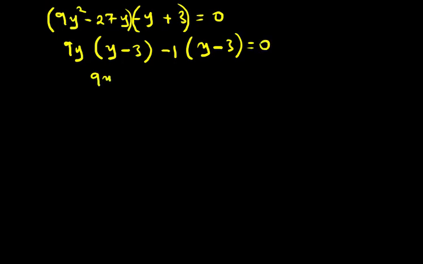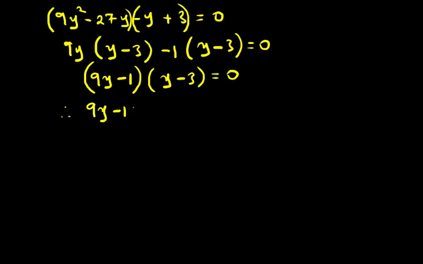So we have 9y minus 1 and we have y minus 3 equal to 0. Therefore 9y minus 1 is equal to 0, or y minus 3 is equal to 0.